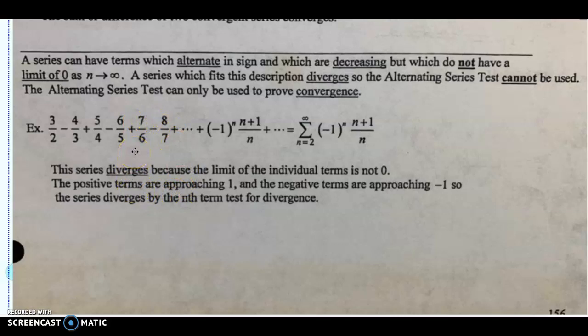But if you take a look at the limit as n goes to infinity, you get 1 instead of 0. And this series diverges instead of converges because the limit of the individual terms is not 0, and the positive terms are approaching 1 while the negative terms are approaching -1. So this would diverge by the nth term test. Again, you don't have your three conditions met to prove by the alternating series test.